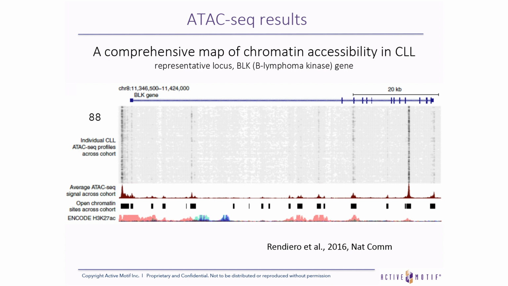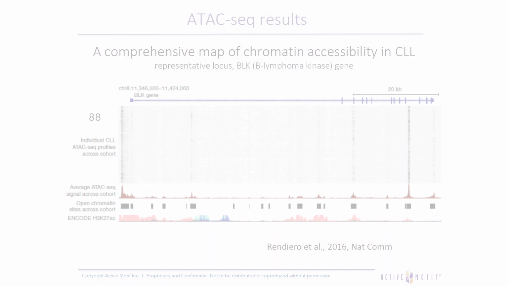Also, they correlated this with previously published data from ENCODE, showing that at the sites of open chromatin, we also see nearby a lot of H3K27 acetylation, which, as I said before, is also a histone modification of open, active transcribed chromatin.